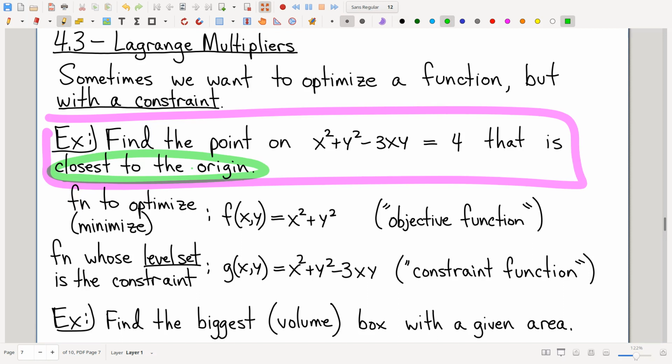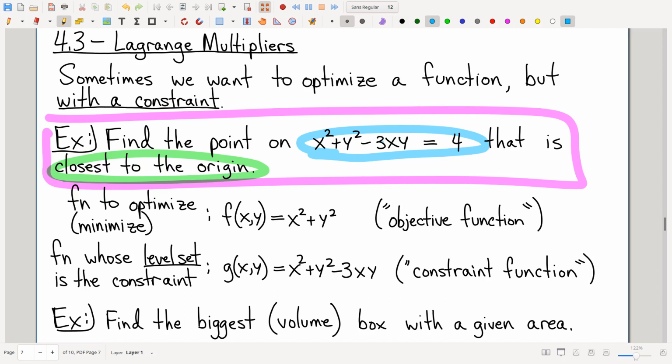If I ask the much simpler question, hey, what point is closest to the origin? The answer is easy. 0. The origin is the point closest to the origin. Nothing to it. Right? What makes this problem hard is the constraint. I am not allowed to just look at any point in the domain I want. I'm only allowed to look at points that satisfy an algebraic condition. Right? This makes the problem quite a bit harder.